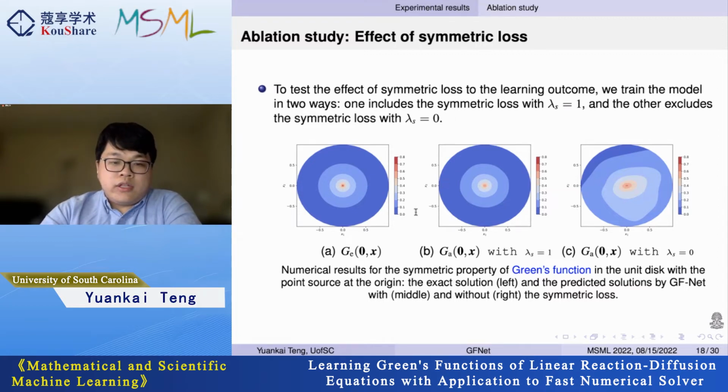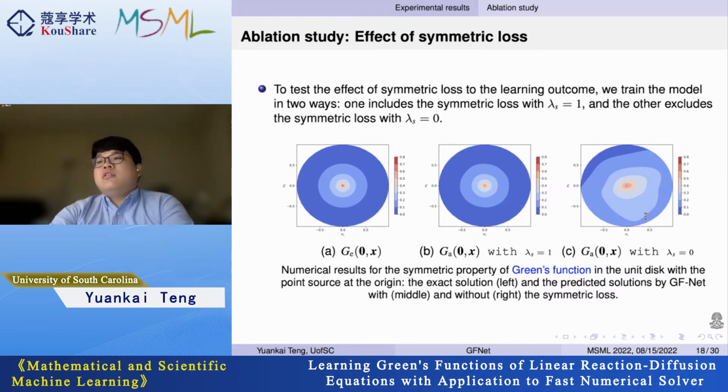From the result, the left graph is the Green's function with symmetric input, the second graph is our approximated result with the symmetric loss, and the last one is our approximated result without the symmetric loss. So we see that by adding the symmetric loss, the accuracy of our predicted Green's function is apparently improved.